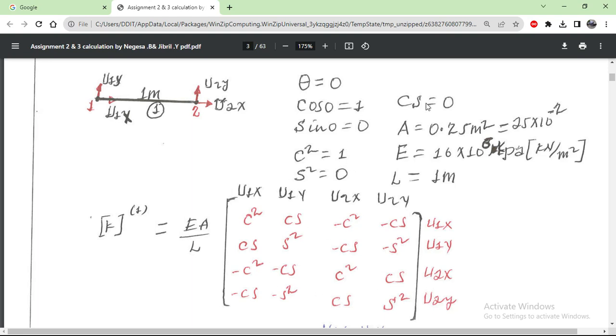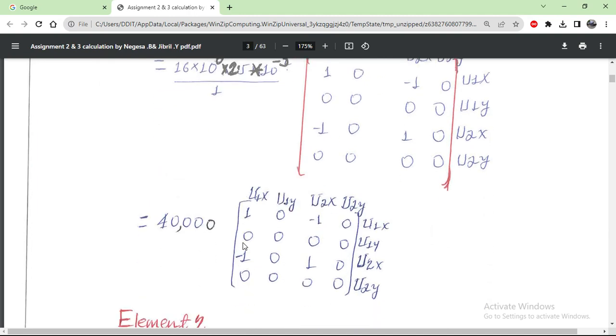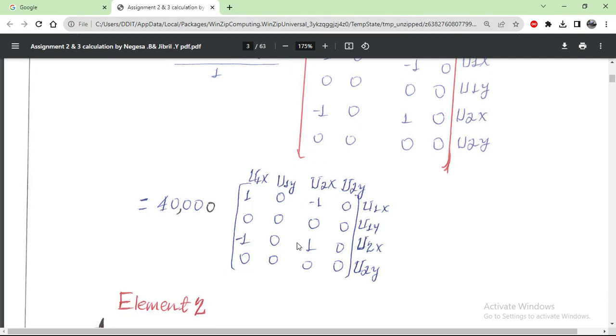We substitute those values in here, then we get the results developed through calculations. The displacements u1x, u1y, u2x, u2y at point number 1 and point number 2 are written like this.